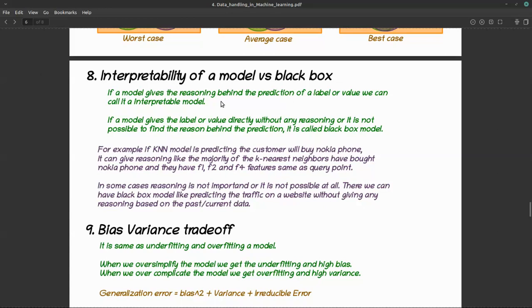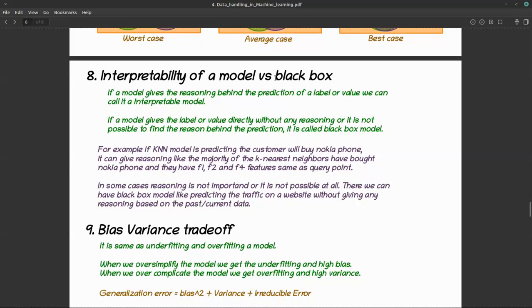Given any machine learning model, if you can justify why this output, say I'm saying the income is 20,000 for this person, and you can give the reasoning that his term insurance is very high, his credit score is very high, and his average bank balance over the last 5 years is very high, then you can tell that it's an interpretable model. So it's called the interpretability of a model.